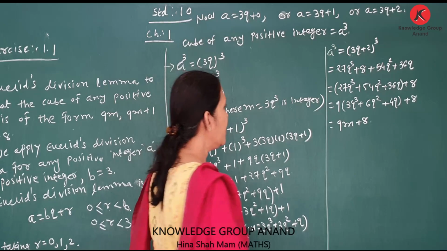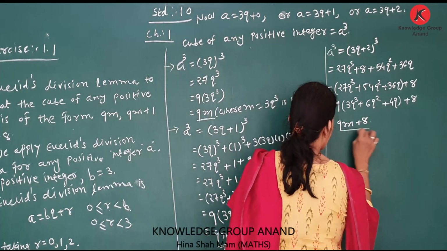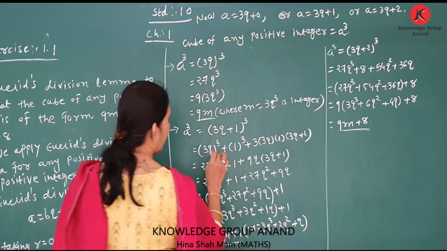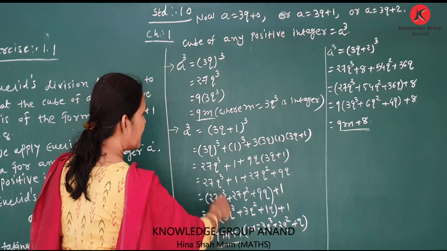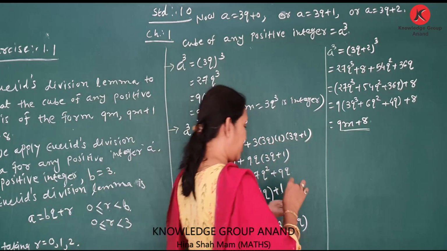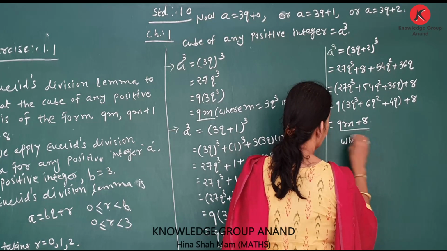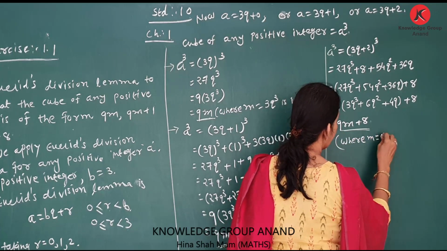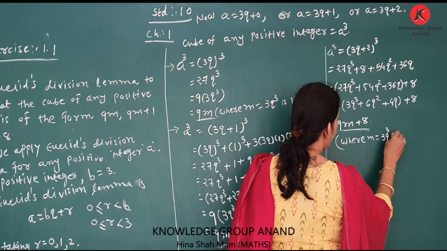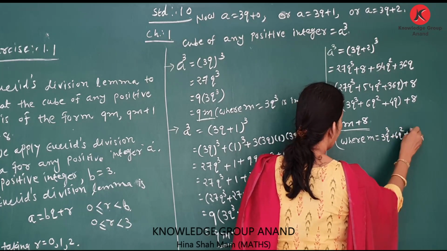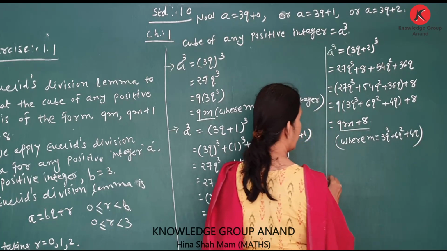In the form which we want: 9m plus 1, 9m plus 8, where m is equal to 3 q cube plus 6 q square plus 4 q.